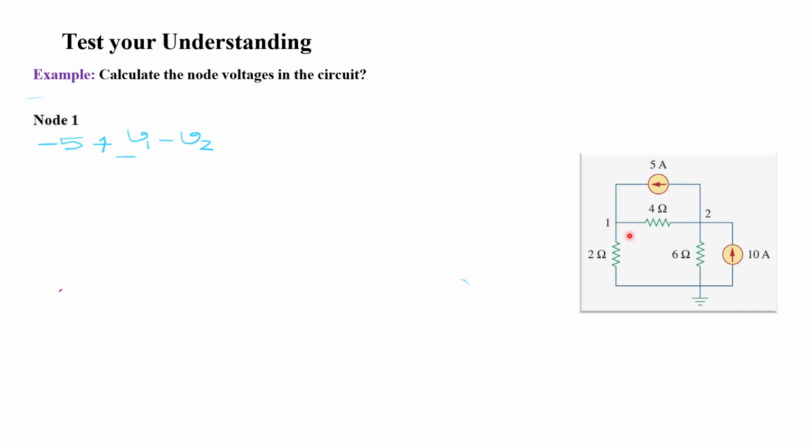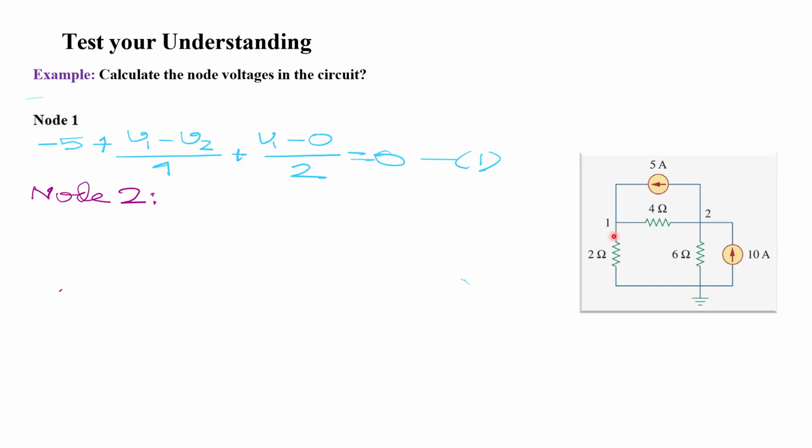At node 1 we are going to apply KCL, where the second format or alternative statement of KCL is going to help us, which tells us that the summation of incoming currents at a particular node is equal to the summation of outgoing currents. If incoming currents are taken as negative, the outgoing currents will be taken as positive. Applying that at node 1, we get equation number 1.